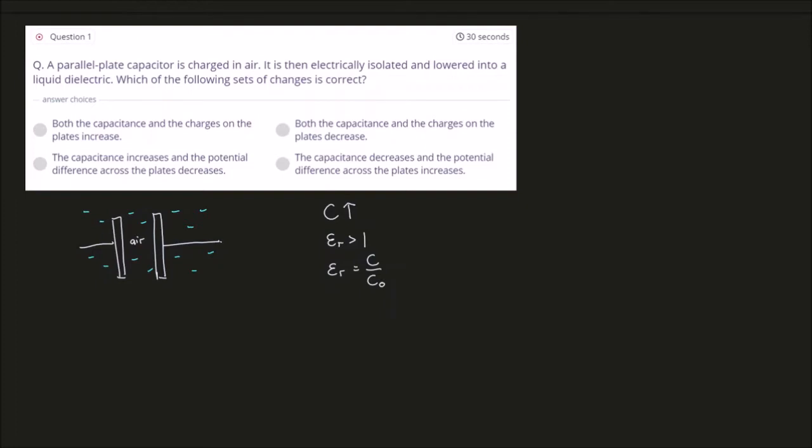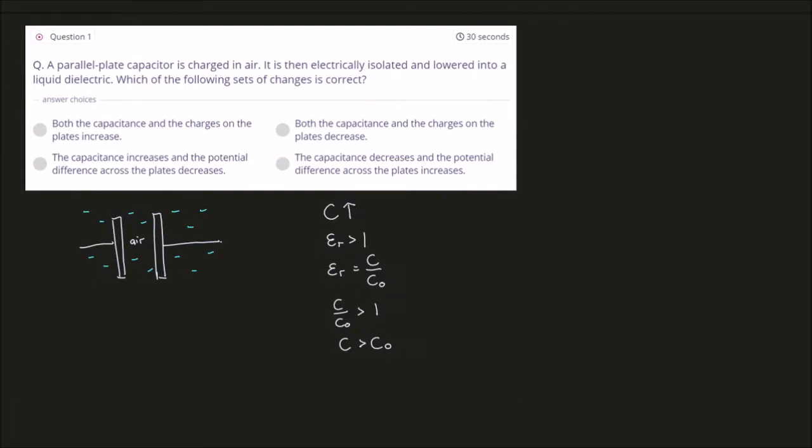Since we know it's greater than 1, C over C0 is definitely greater than 1. So we know C will definitely be greater than C0. The capacitor with dielectric will have a greater capacitance compared to a capacitor filled with air or a capacitor in vacuum. So that's the effect that we know.